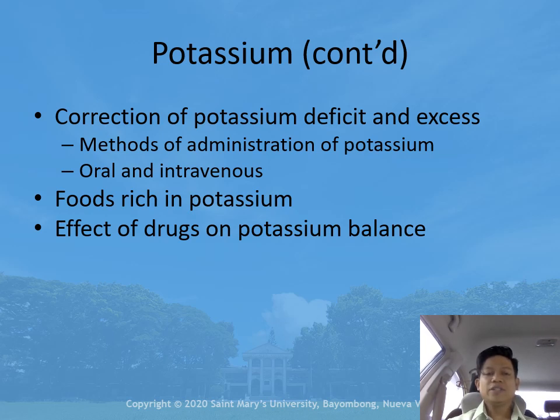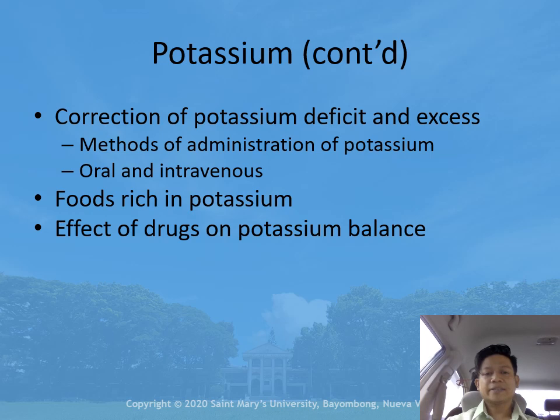Check for infiltration because potassium is irritating to subcutaneous tissues. Check for phlebitis because potassium is irritating to the veins. Check for adequate urinary output. That is, kidney dysfunction can cause potassium retention that may lead to hyperkalemia.